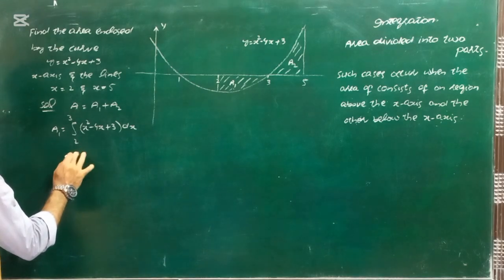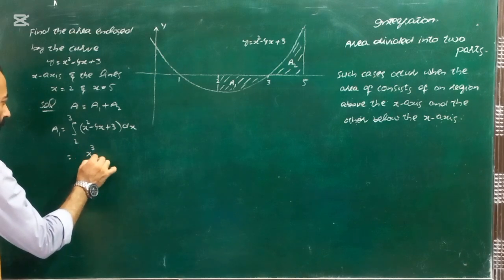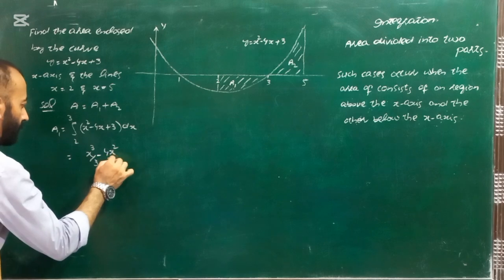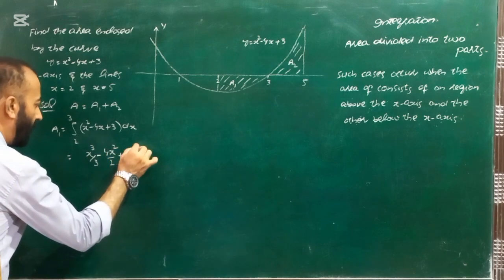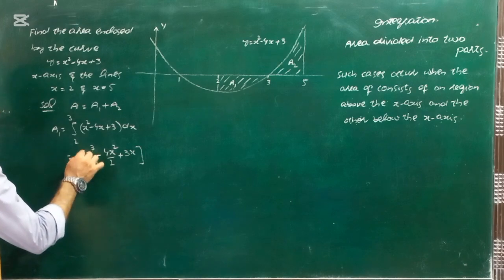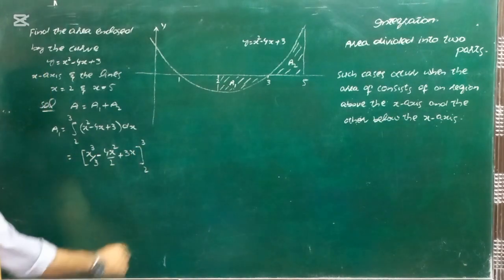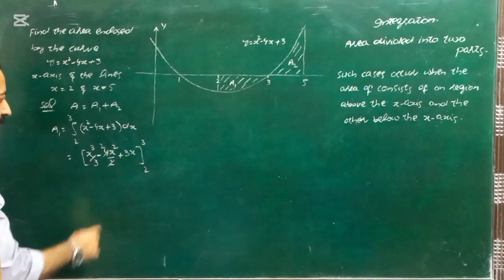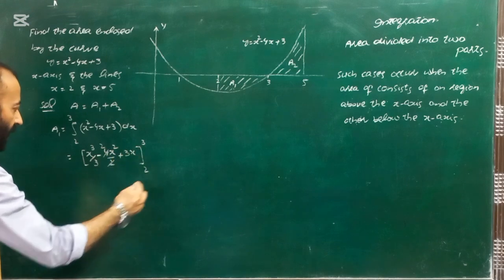So x cube over 3 minus 4x square over 2 plus 3x, and here is the limit from 2 to 3. Now we will apply the limit, that will be upper limit minus lower limit.